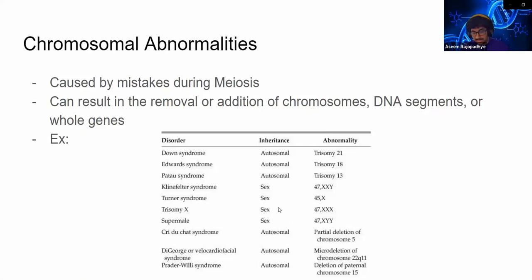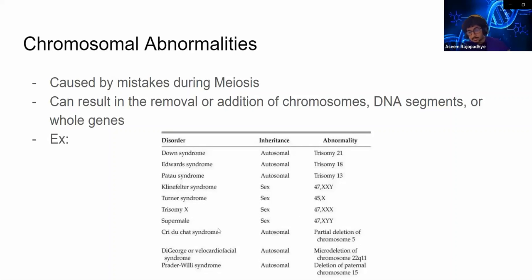Trisomy X is the exact opposite, where you have an extra X chromosome. And super male is when you have two Y chromosomes. Most individuals with super male syndrome don't survive for very long. I believe they barely make it past the newborn stage.